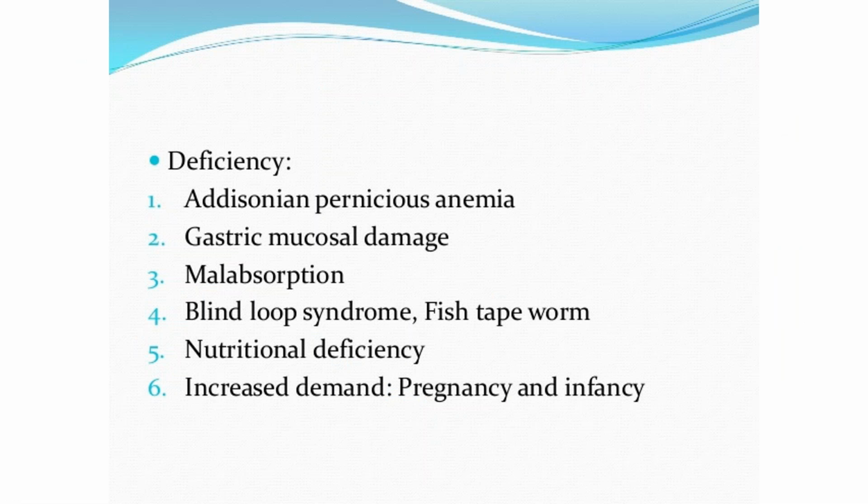The deficiencies can be due to Addisonian pernicious anemia, which I told you about in the history; it started with the pernicious anemia diagnosis. There is gastric mucosal damage because the intrinsic factor is not formed. Malabsorption, of course, and blind loop syndrome, again the same factor. Nutritional deficiencies are very common in our country, and in pregnancy and infants. You might be seeing on television how in some areas small children are anemic and very weak due to nutritional deficiencies.